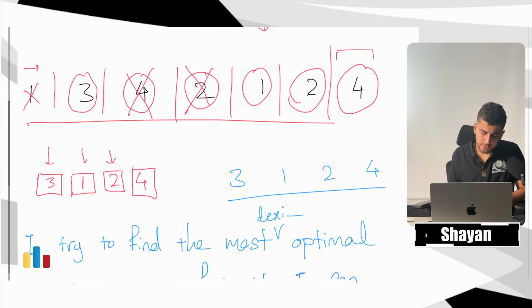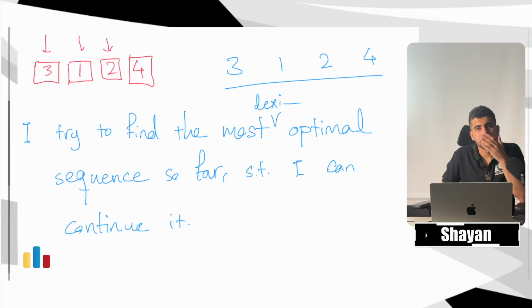For example, in here you saw that you could continue each sequence that you've made. So how do we update it each time?